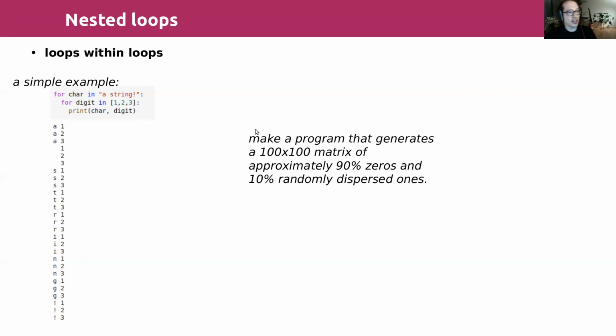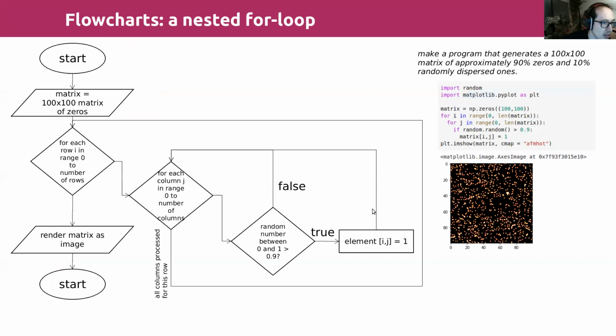Here's an example of a problem that might require nested for loops. Make a program that generates a 100 by 100 matrix of approximately 90% zeros and 10% randomly dispersed ones. Here is how one might do this. You have an initialization.